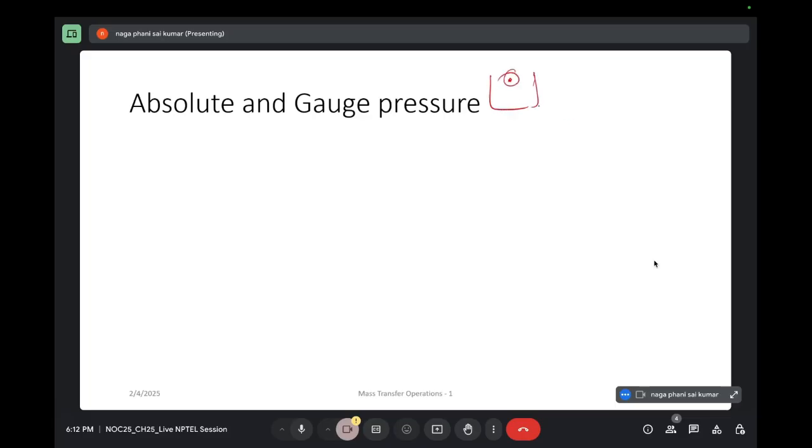One is with respect to perfect vacuum, and it can also be expressed in terms of atmospheric pressure.